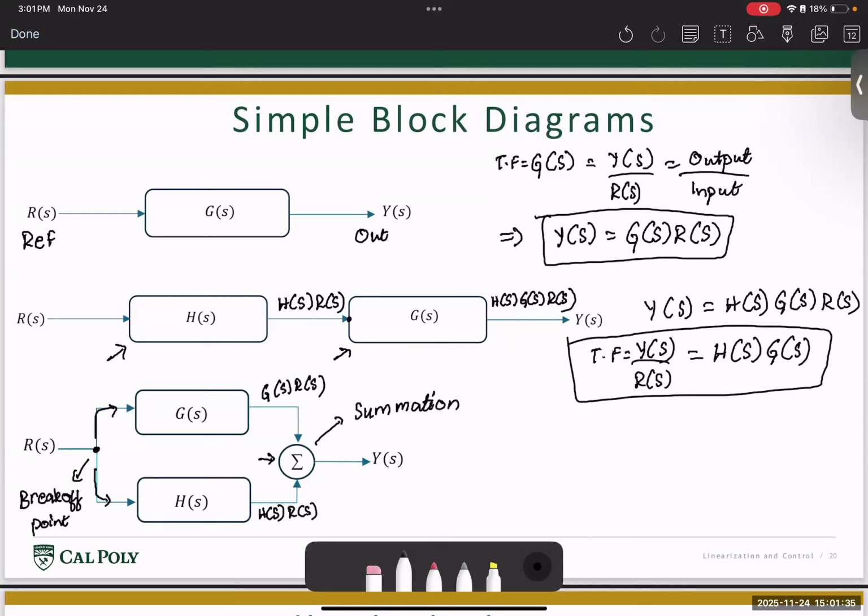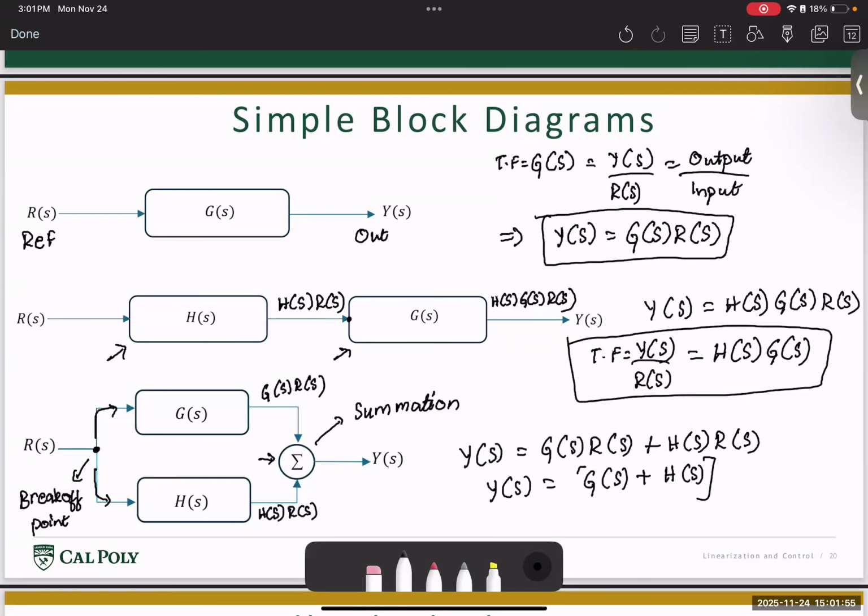Then the final output Y of S is given by G of S times R of S plus H of S times R of S. Taking R of S common, we can write the output Y of S is nothing but G of S plus H of S, whole thing multiplied by R of S. Or in this case, the transfer function Y of S divided by R of S is nothing but G of S plus H of S. So if two blocks are connected in parallel, then the transfer functions of each of the blocks get added.